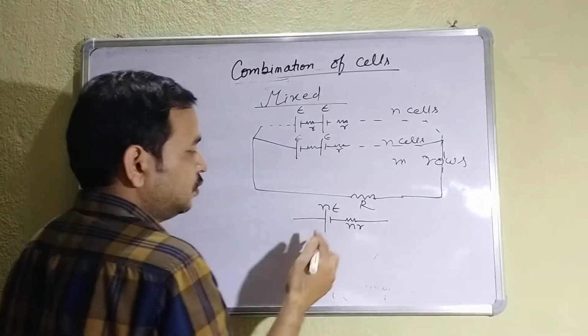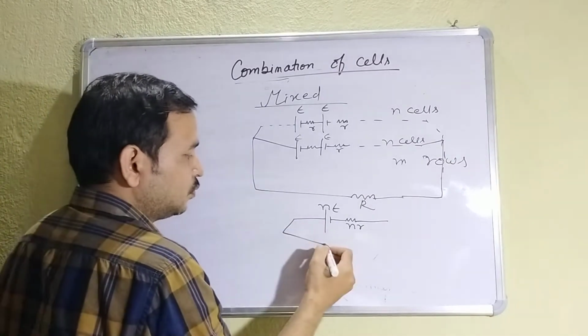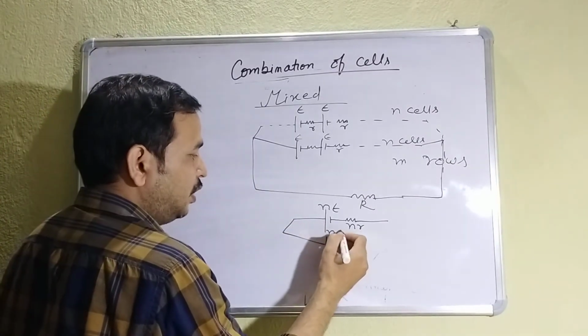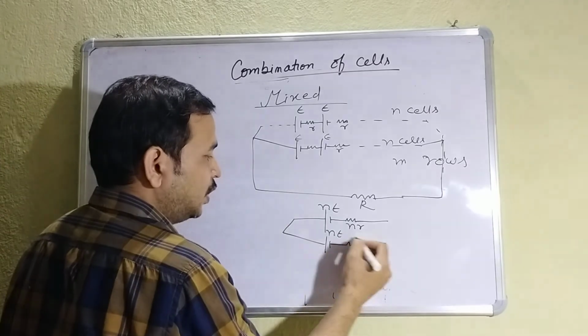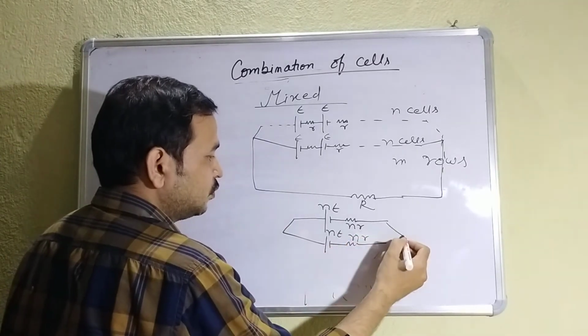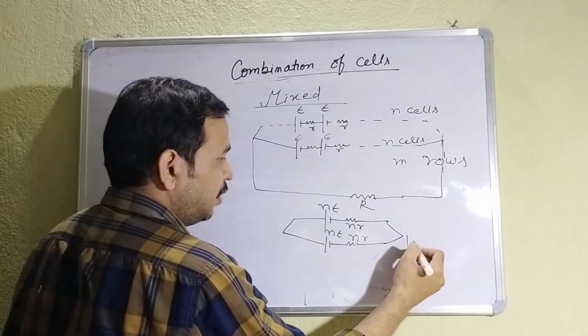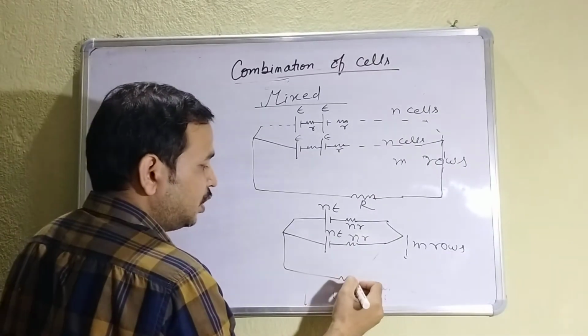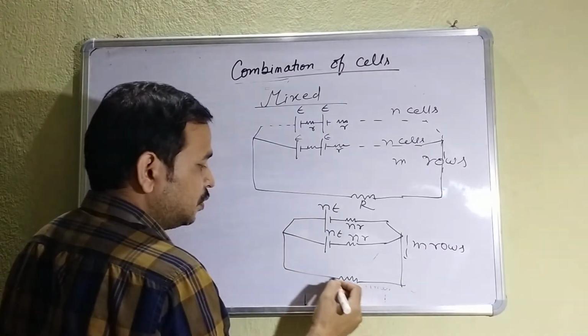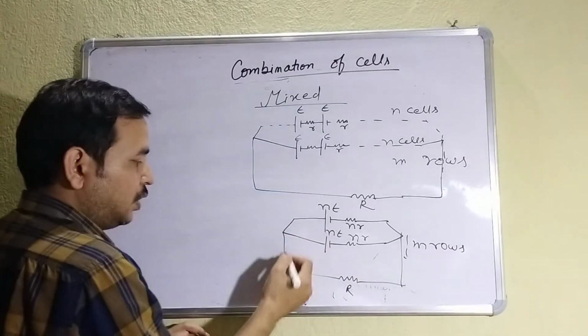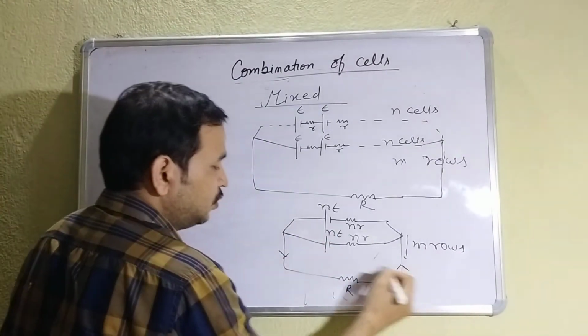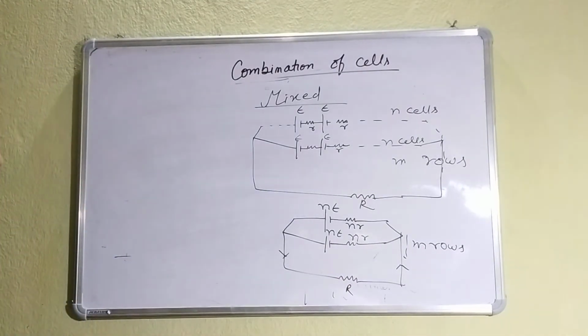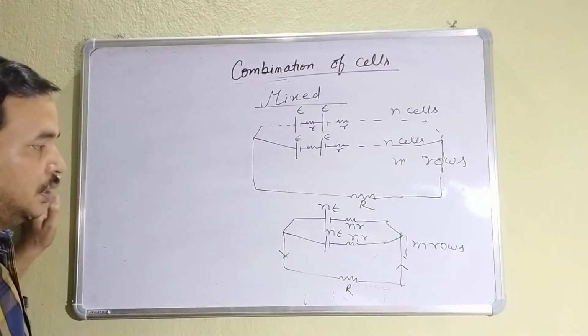Now for the second row, same, nE, nR. There are m such rows, and they are connected to the external resistor R. So current will pass through this. We have to derive the current also, and the condition for maximum current.